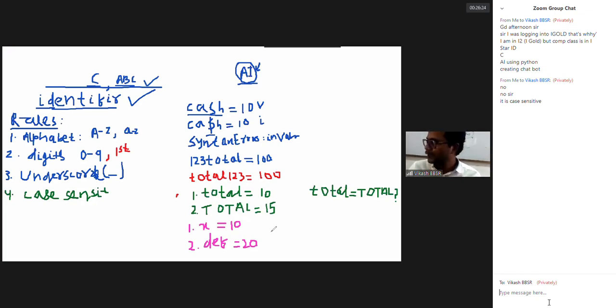So you have to tell, number one, number two I have given, which one is valid, or both are valid, which one is invalid, or both are invalid. So you have to tell. No, Bhagirath, no.